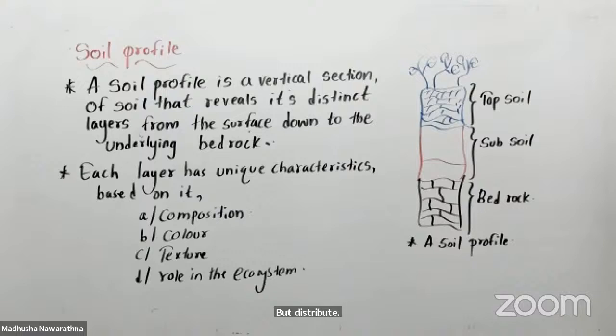If you consider the topsoil layer, roots of most plants are spread in this topsoil, but some roots of larger plants can even penetrate into the subsoil. Generally, in small plants the root system is in the topsoil, but some plants are different.